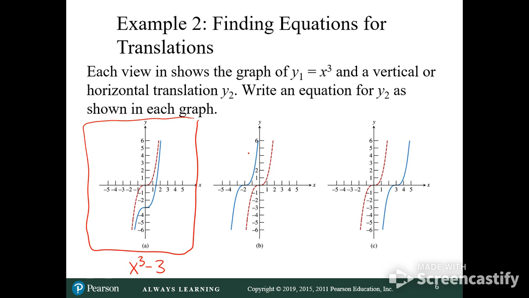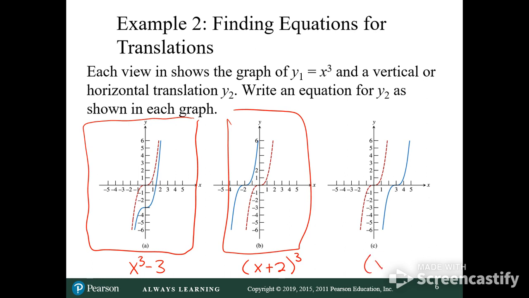What's happening in the second graph? Left 2. So we go x plus 2, and then it's cubed. The last one, what happens to it? Right 3, so it's x minus 3 inside parentheses cubed.